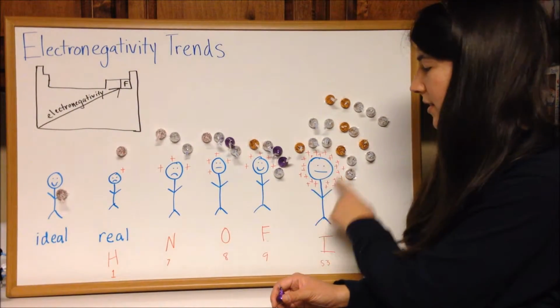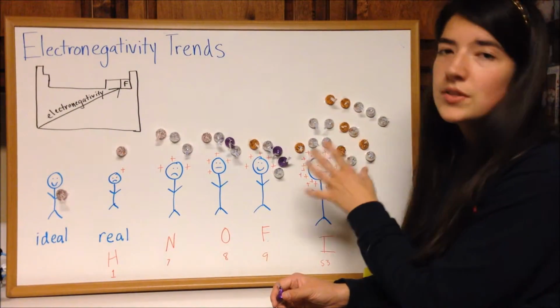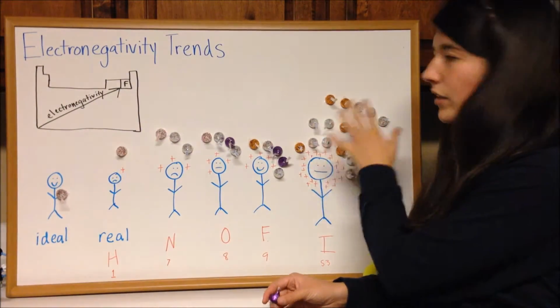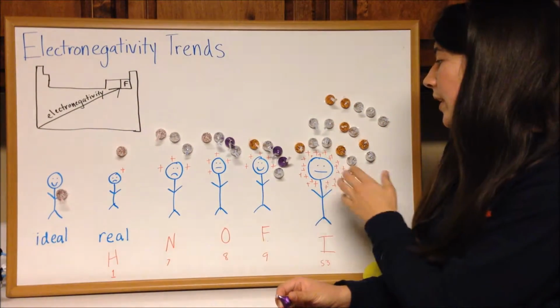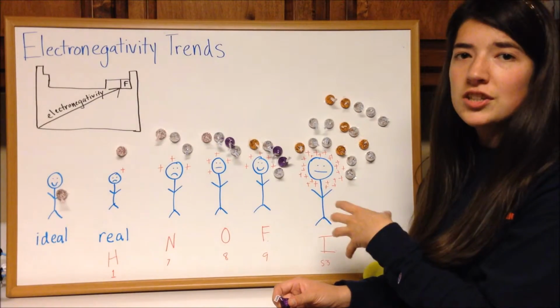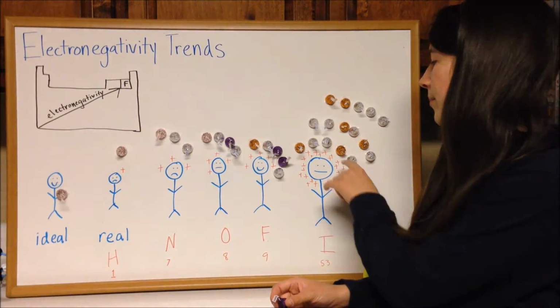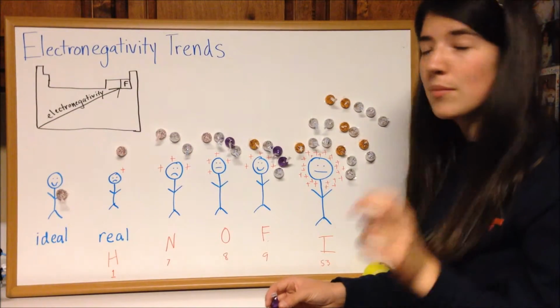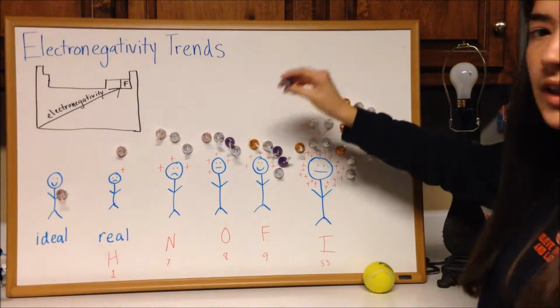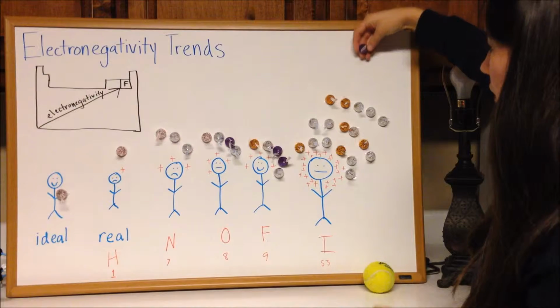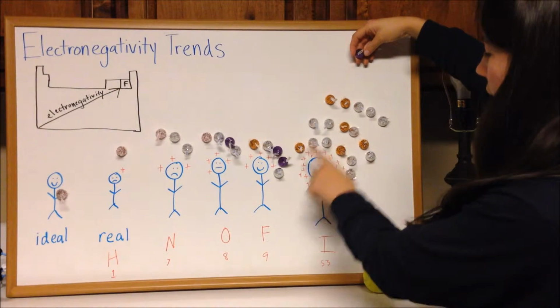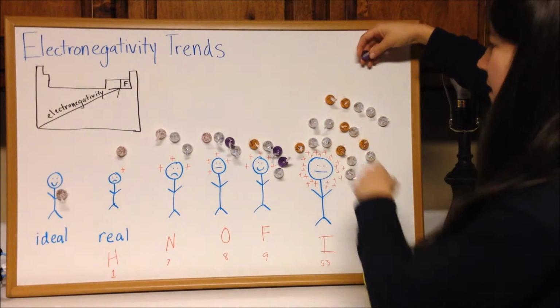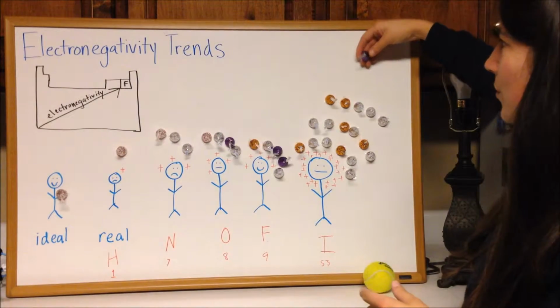So you have your positively charged nucleus, but it's surrounded by layer upon layer of electrons. Those layers of electrons actually shield the nucleus, and they prevent it from being able to see more electrons. If an electron from another atom were to come in, all the electrons that iodine already has block iodine from seeing this one.